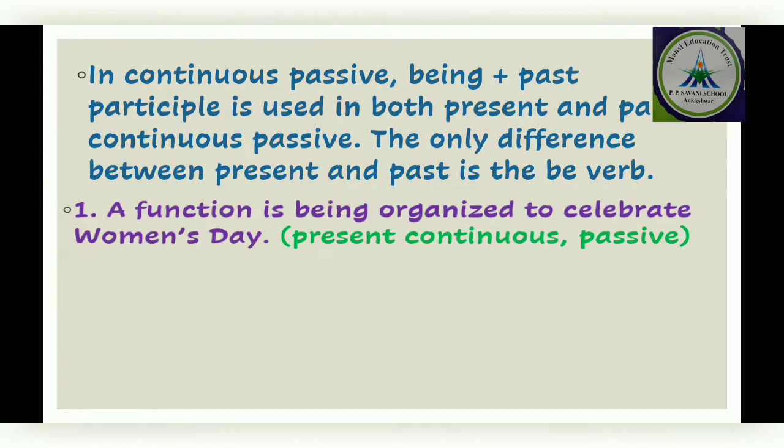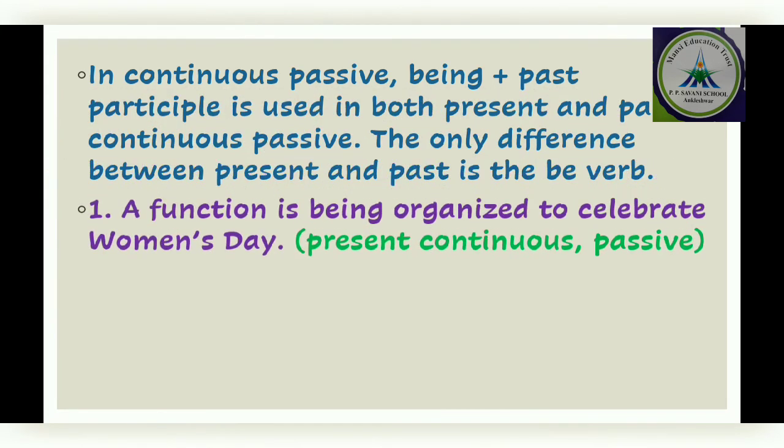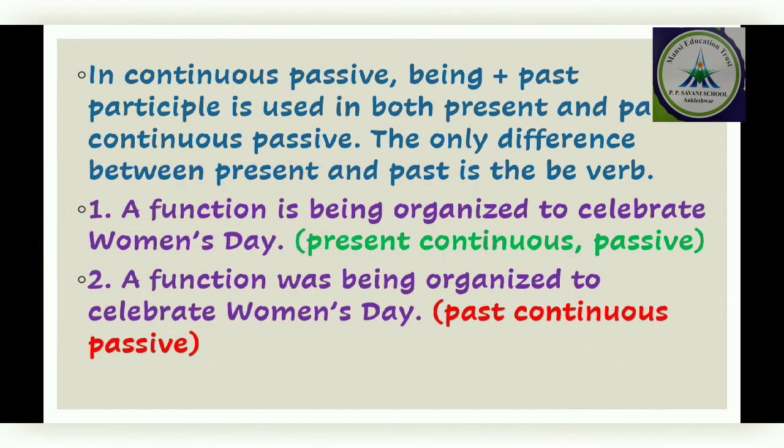So we will see the example. A function is being organized to celebrate Women's Day. Here "is" shows that the sentence is present tense and "being" shows continuous tense. Second, the function was being organized to celebrate Women's Day. Here the only difference is "is" and "was". Otherwise the sentence is the same. So "is" and "was" only show the present and the past tense. Okay, clear?